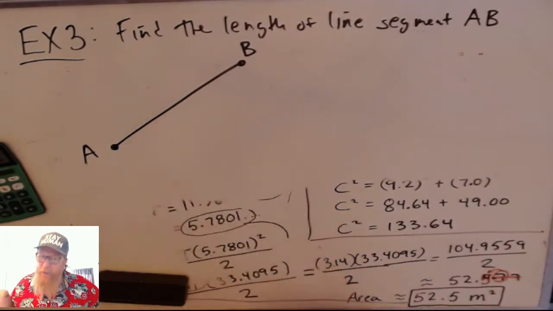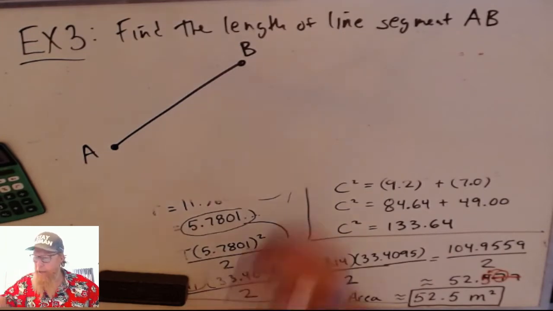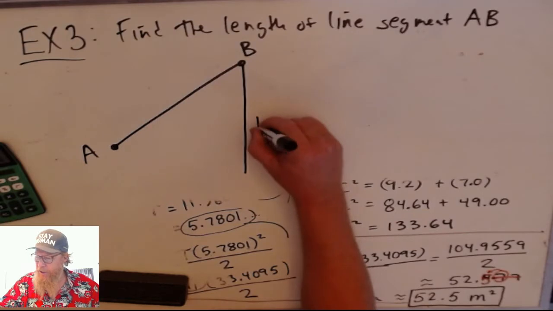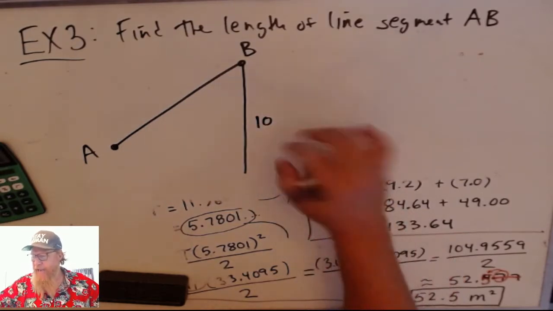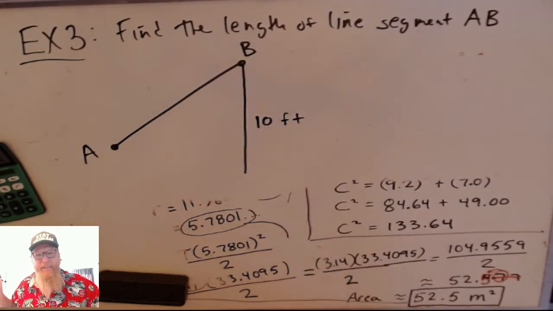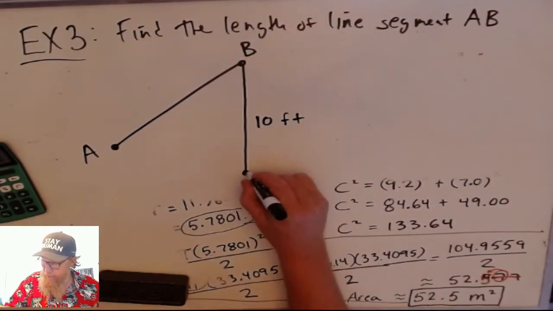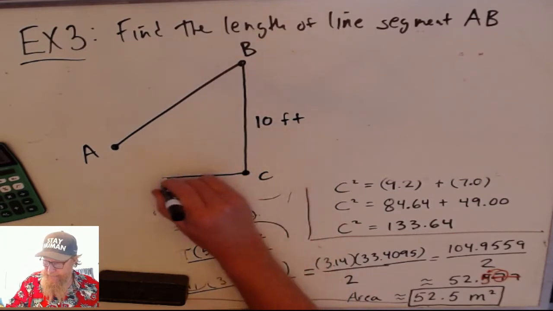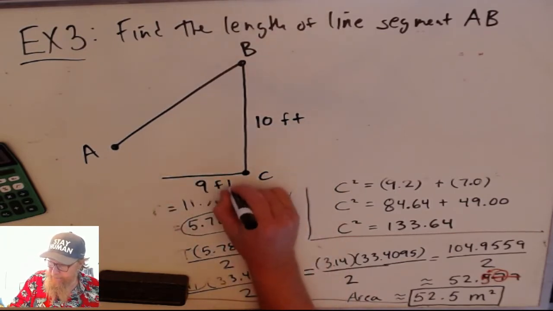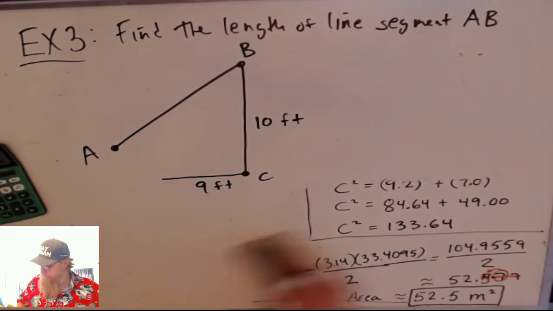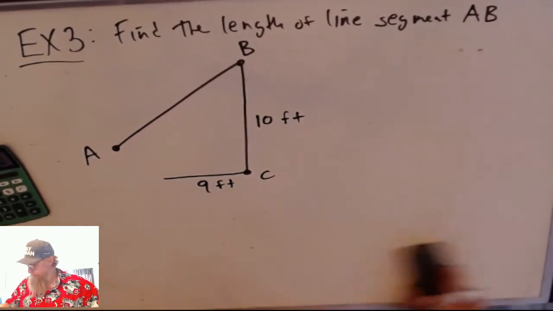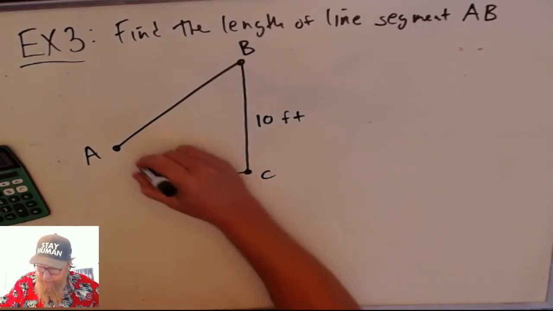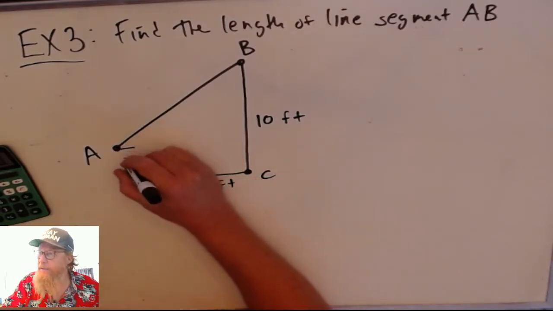Now, you might not see a triangle yet, but you will. Let me draw the rest of the building. So this is sort of a profile of a shed or something. So this is 10. Let's go to feet, 10 feet. We'll call this edge, or this vertex, C. This edge is 9 feet. This edge is 1 foot.